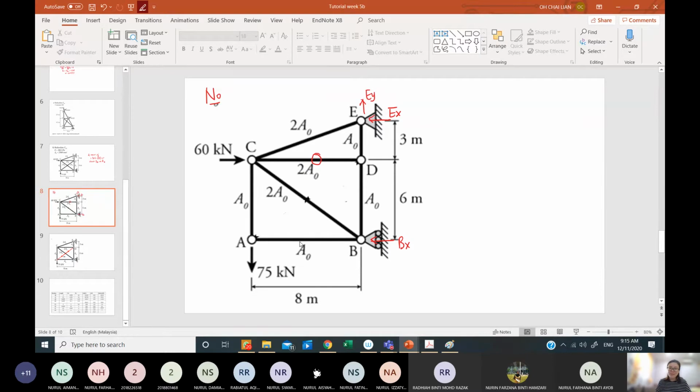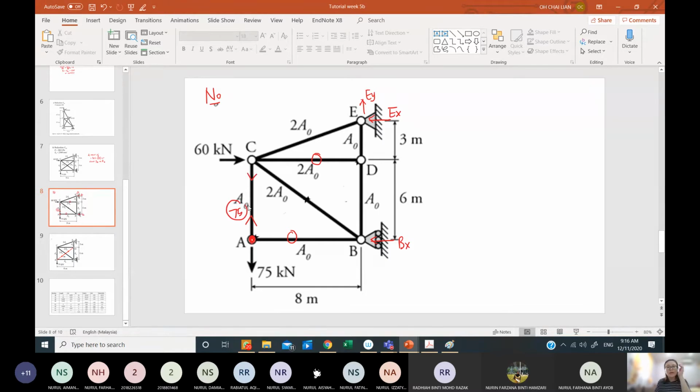For member AB, there are no other horizontal forces, therefore this is 0. But for the vertical unknown at A, I have another load, 75 kilonewton, acting down. Therefore, I will have another one acting up. So now this is 75. I quickly mirror my arrow.